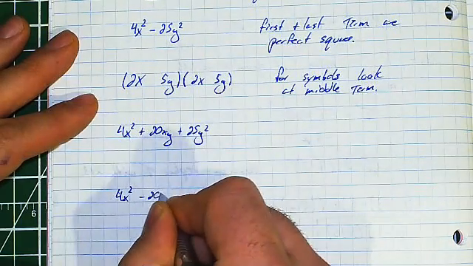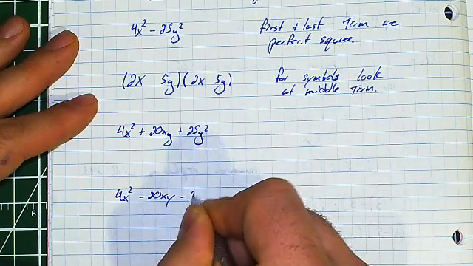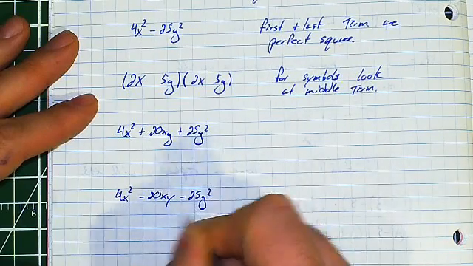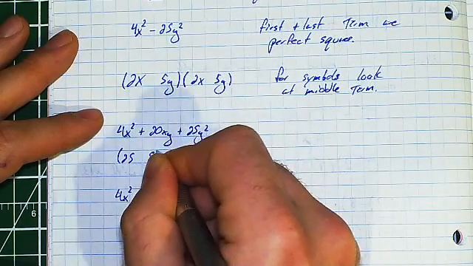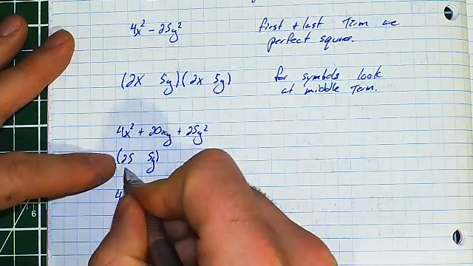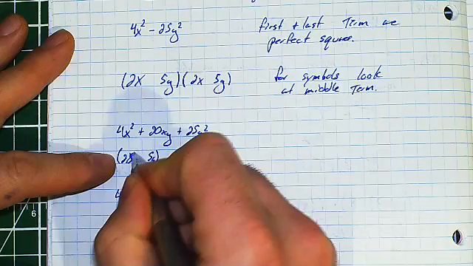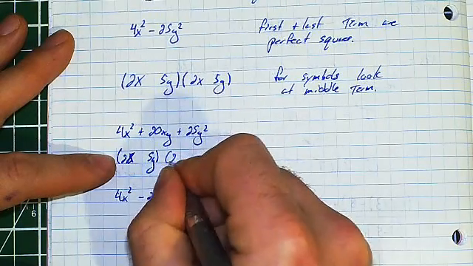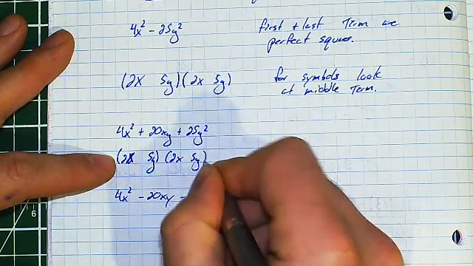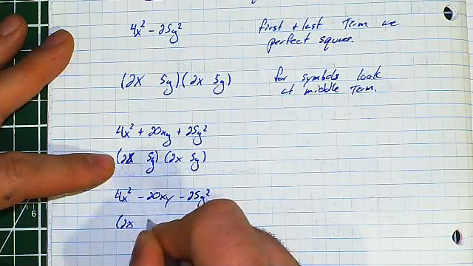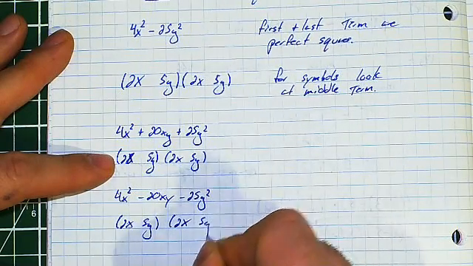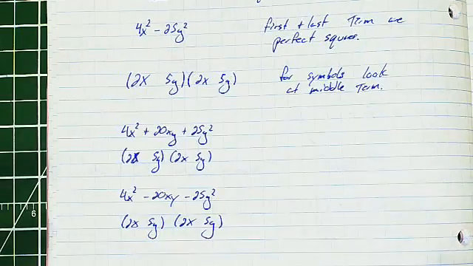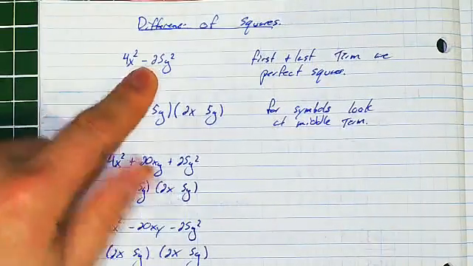We're also going to have 4x squared minus 20xy minus 25y squared. And each of these, when you solve them, you're going to start the exact same way: 2x, 5y, 2x, 5y, because this part doesn't change. However, your symbols now do matter.